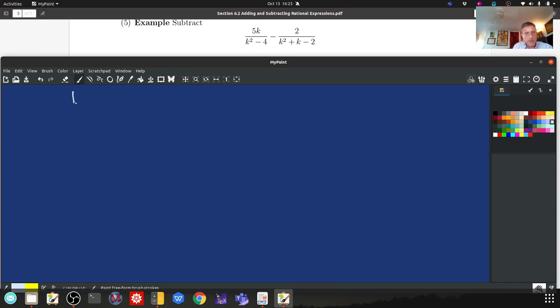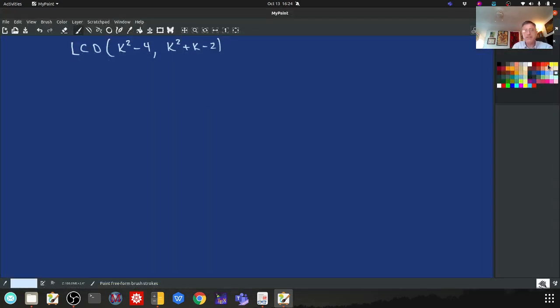So the first thing we have to do is find the LCD of k squared minus 4 and k squared plus k minus 2. I'm going to go ahead and maximize that window, and I'll come back to it. To find the LCD, we have to factor those.